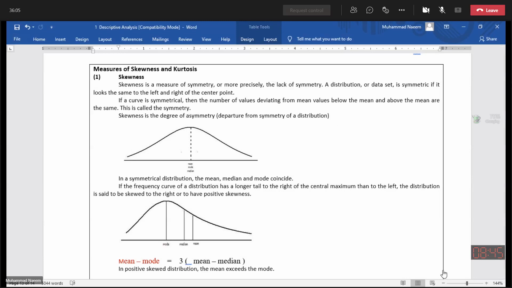In this descriptive analysis, we can describe the shape of the frequency curve without tracing it, because all the time we cannot trace out a frequency curve due to lesser information.